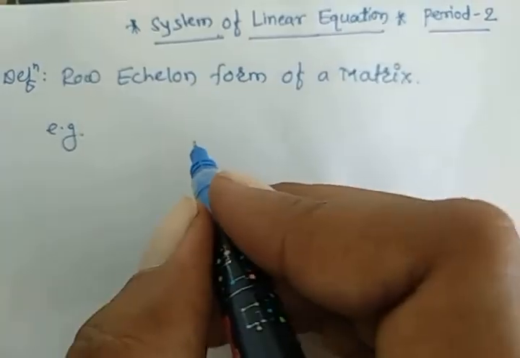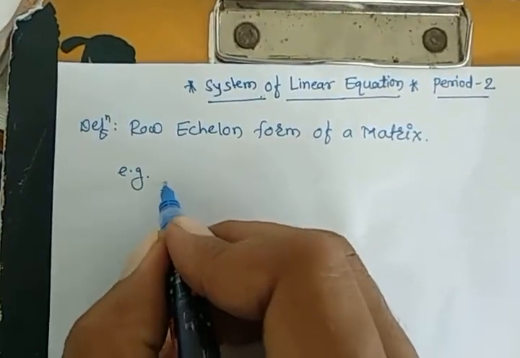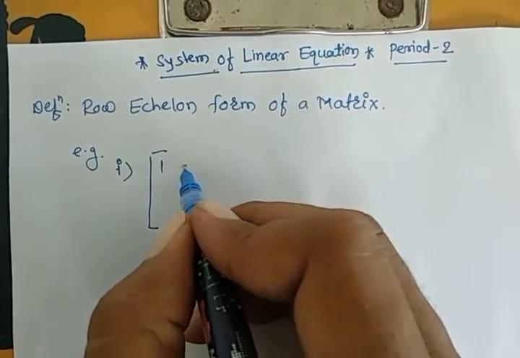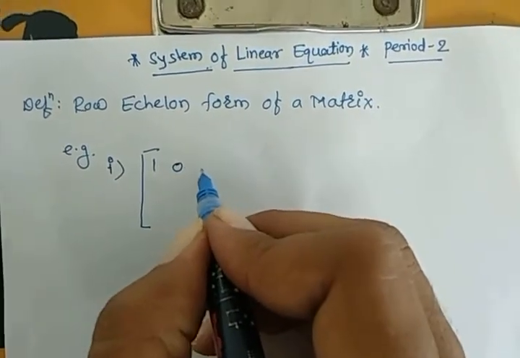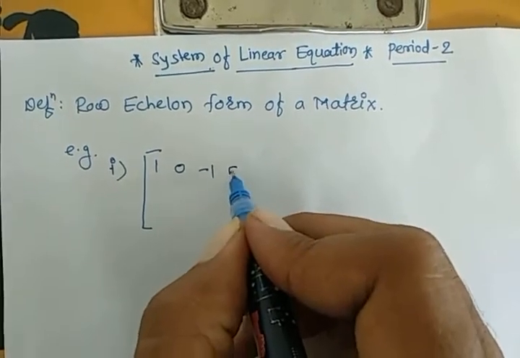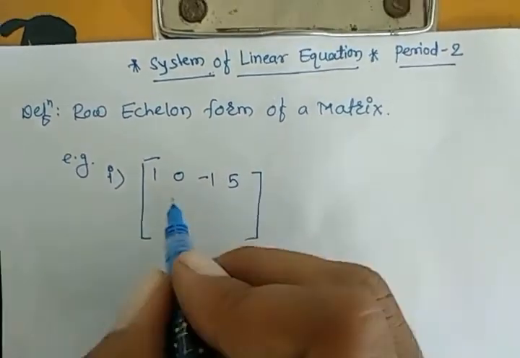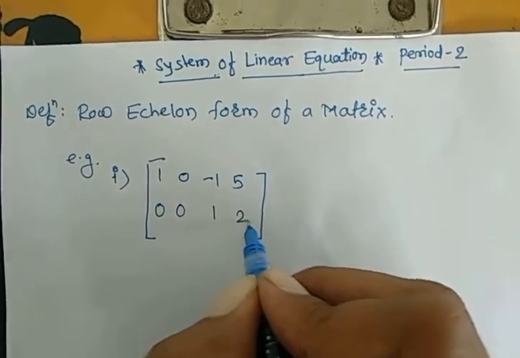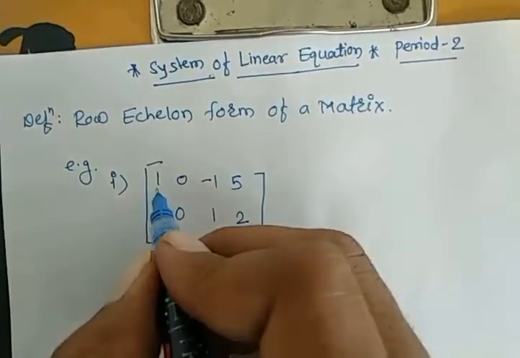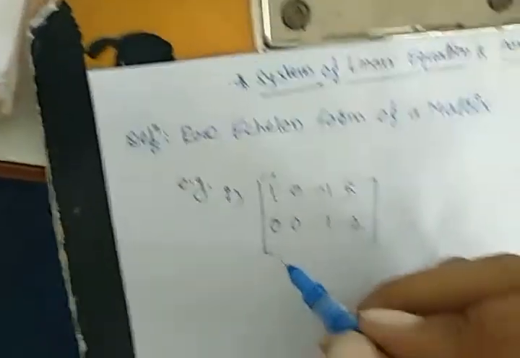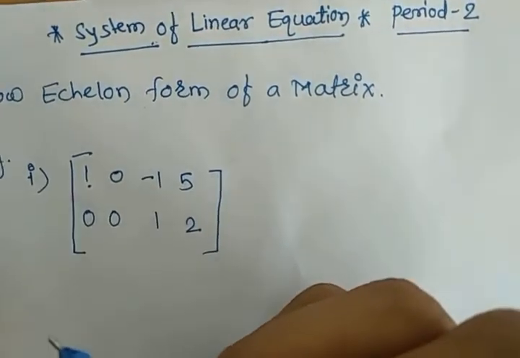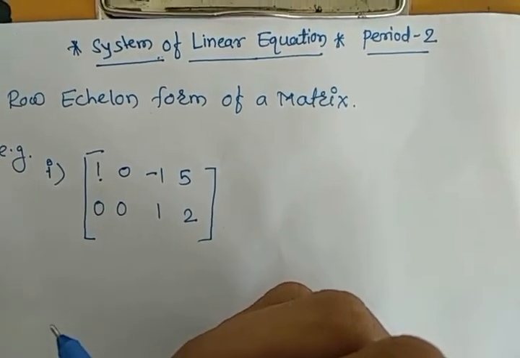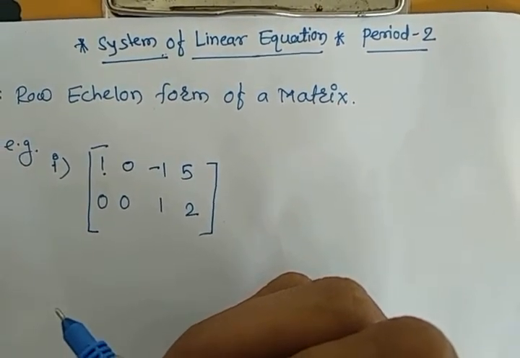Examples on row echelon form. If we consider a matrix with first row 1, 0, -1, 5, and second row 0, 0, 1, 2. In this, the first property is: if a row does not consist of all zeros, then the first non-zero number in the row is 1.